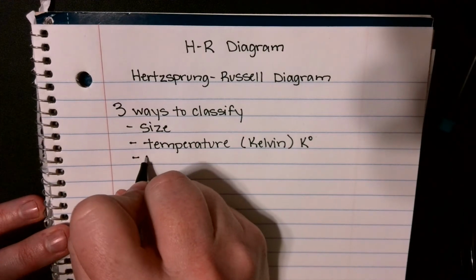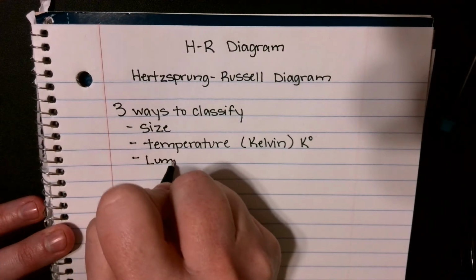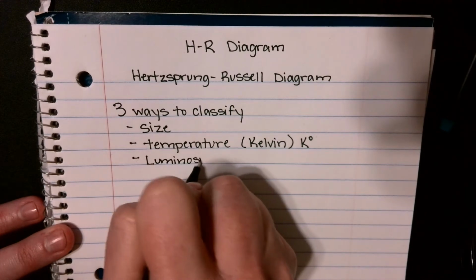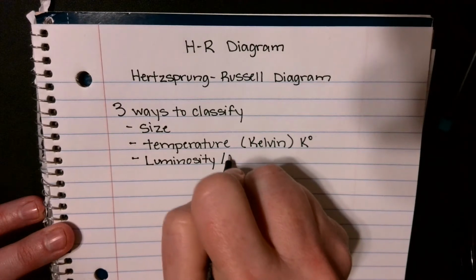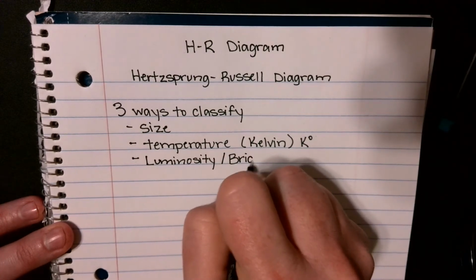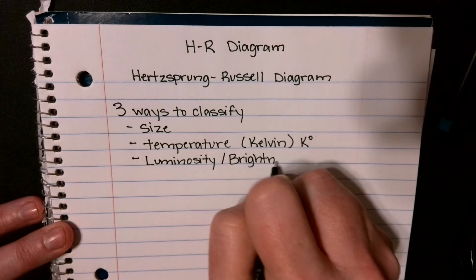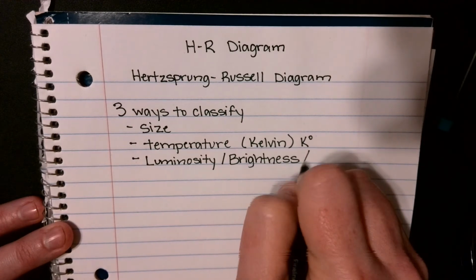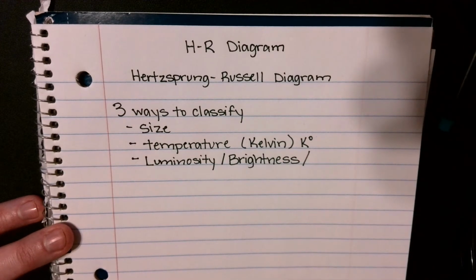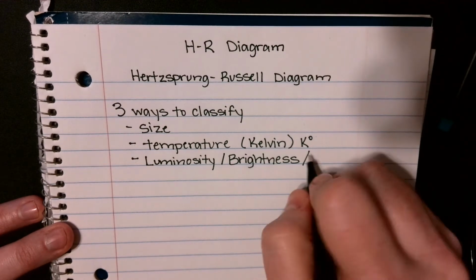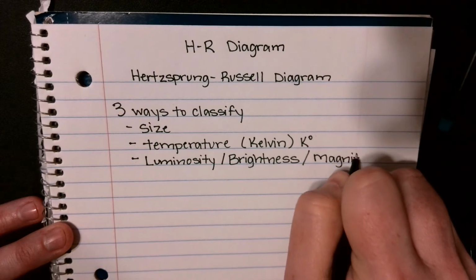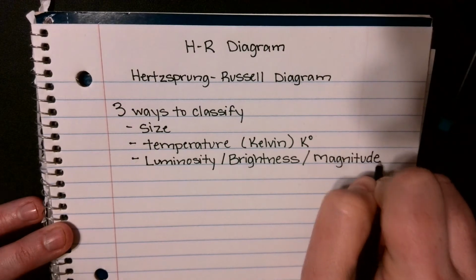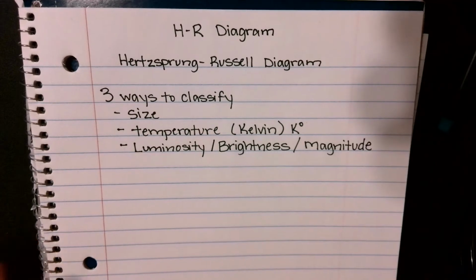So luminosity is just a really fancy word for brightness. Another really fancy word for brightness or luminosity is this word magnitude. So when we're looking at stars, these are really your big focuses.